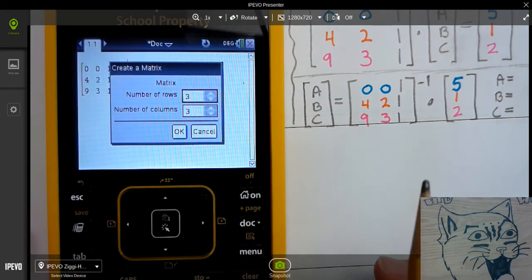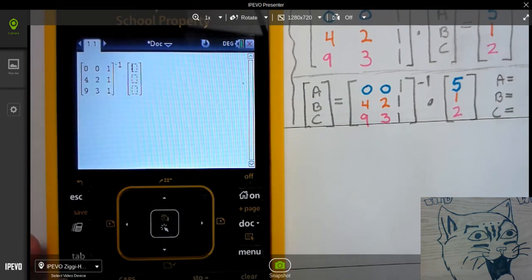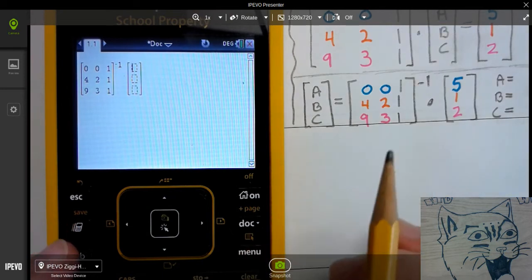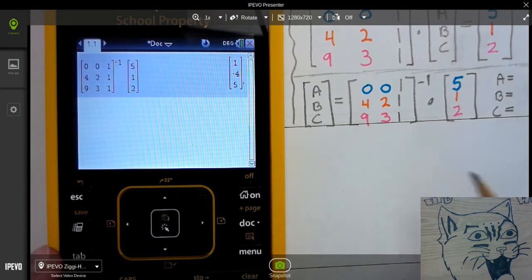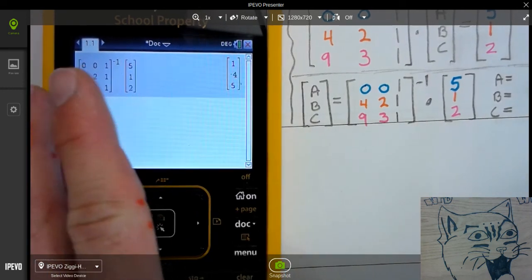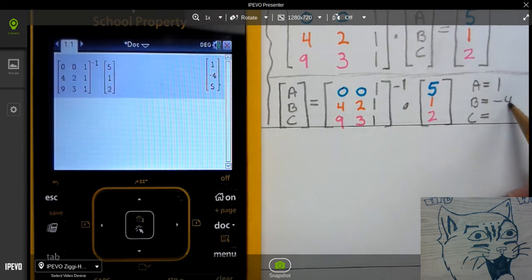This is a 3x1. And then 5, 1, 2. So your a value is 1, b value is -4, c value is 5.